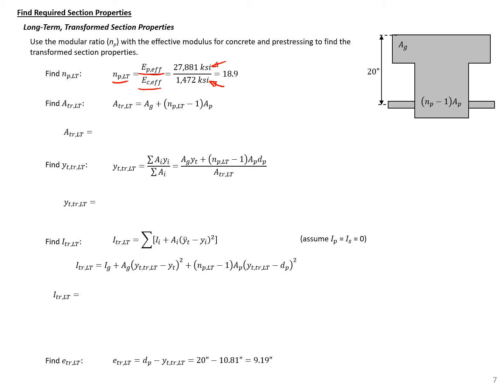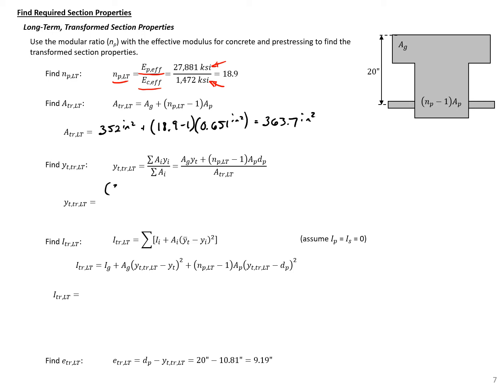Transforming our steel, we'll get an area here of 352 plus (18.9 minus 1) times the area of our pre-stressing, 0.651 inches squared, which will give us a transformed area, 363.7 square inches.